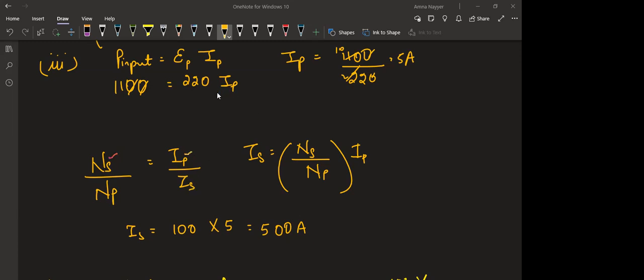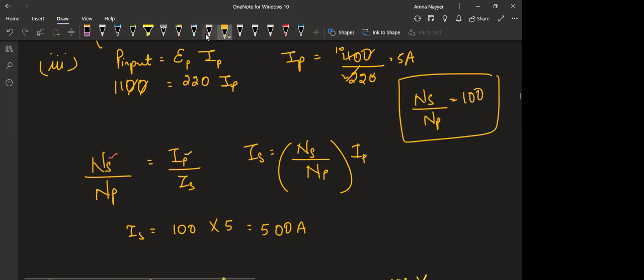So it will be like 5 by 100. Yes, here we'll have 100, and this will be 1 by 100, so 5 by 100 you can write it. NS by NP will not be here. And we have the transformation ratio as NS by NP, no? The transformation ratio is given as 100. Yes, right, correct.